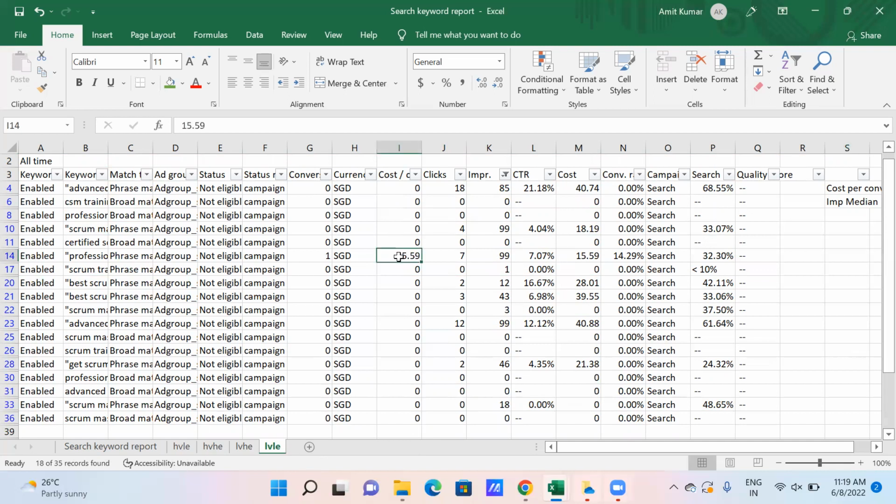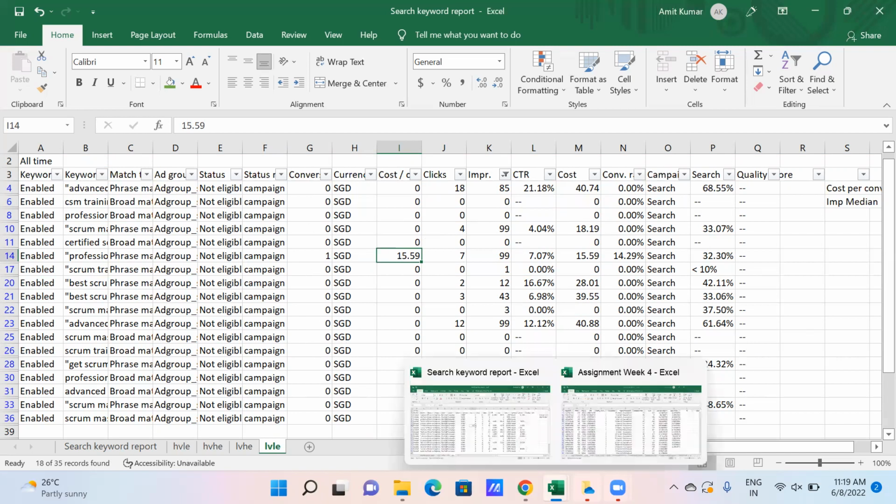So this is less than our median. Median is 48. So for low efficiency, the cost per conversion has to be more than the median. So for this campaign, this quadrant is of no use for me. So this is the basic analysis of the quad core.